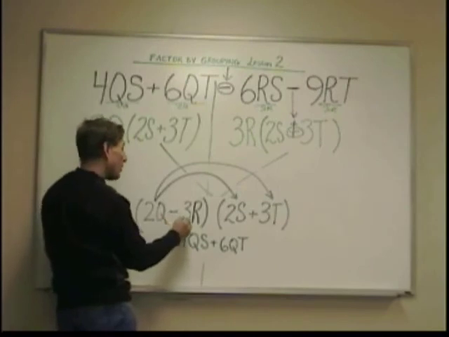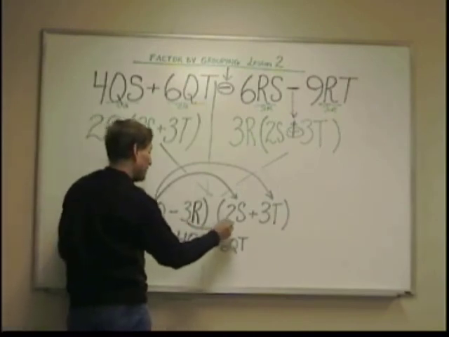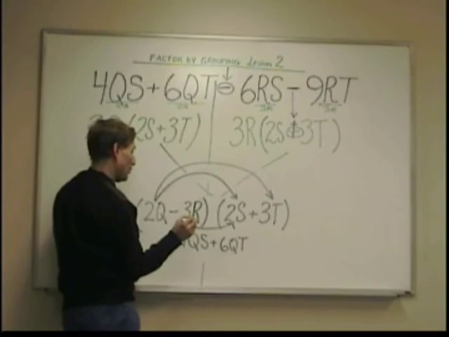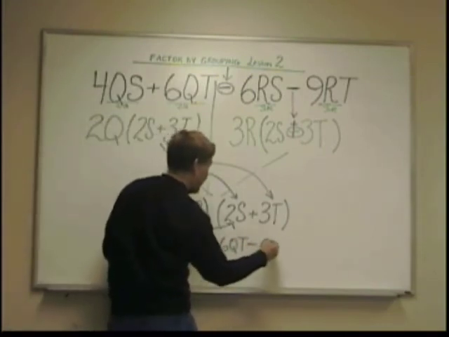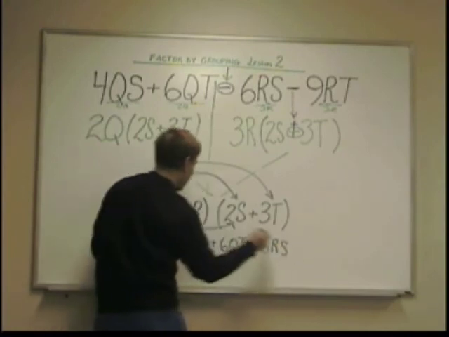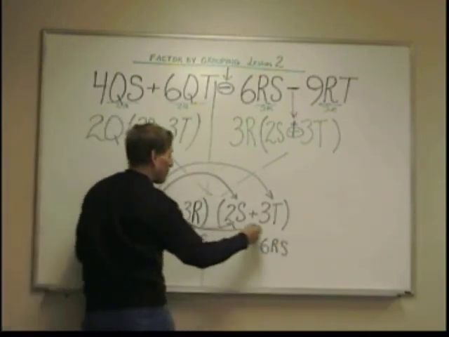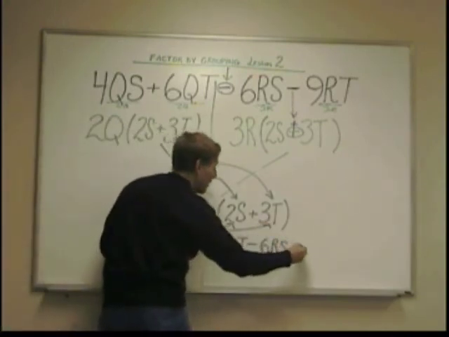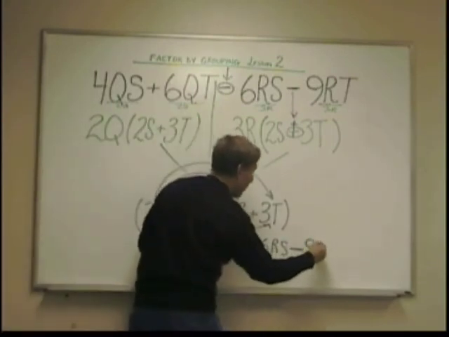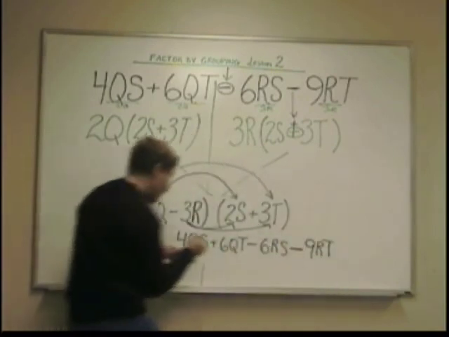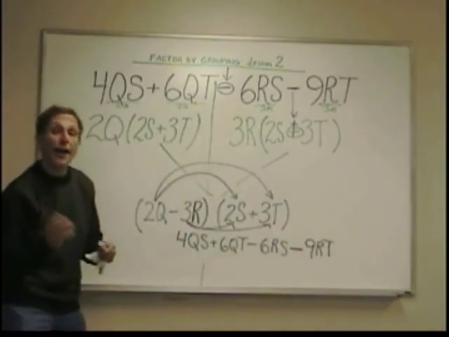Negative 3r and 2s would be 3r times 2 is negative 6rs, and negative 3r and positive 3t on my signs is negative 9rt. So let's see if all the elements are there.